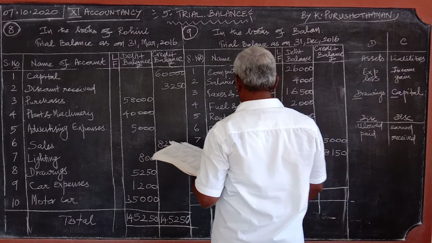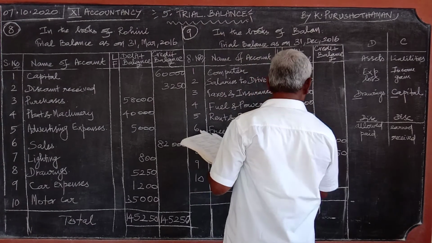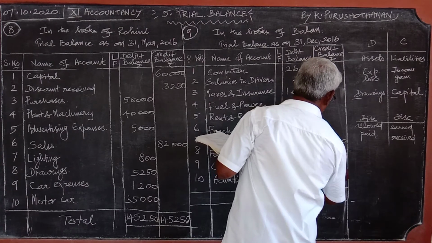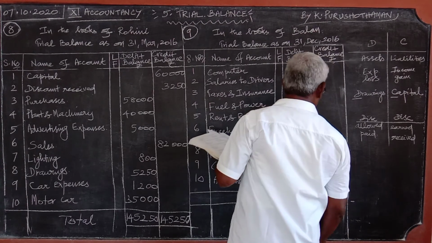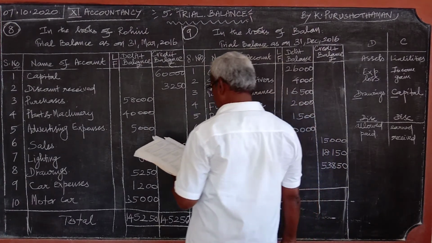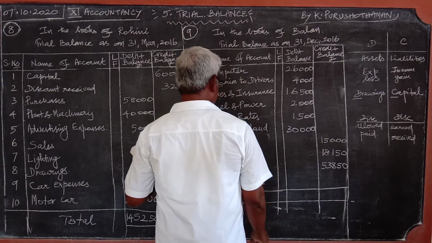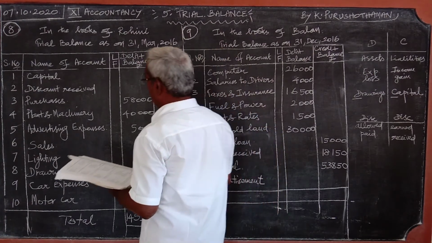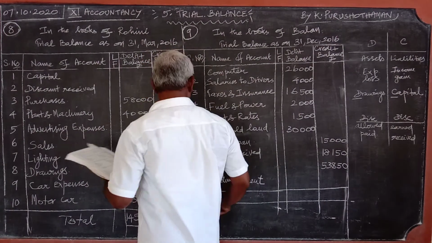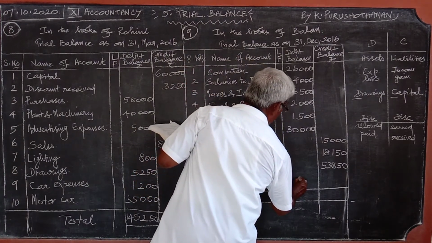Then capital, first letter C, credit, 53,850. Advertisement, it is an expense. I said advertisement expenses need not be given in full. If it is given simply advertising or advertisement, it is an expense. Therefore, debit 7,000.